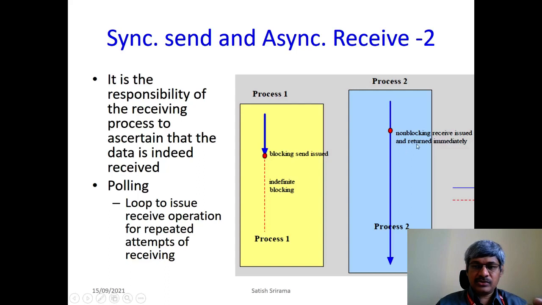But you can issue non-blocking receives multiple times, repeating in a polling loop until you receive the data. Eventually you will receive the data because the send is received, and then the acknowledgement is sent back so that process 1 can continue. So that's about polling, continuously having a loop to issue the receive operation.